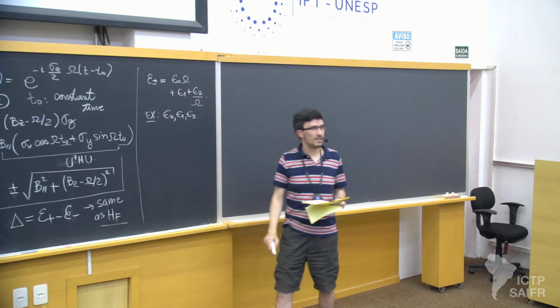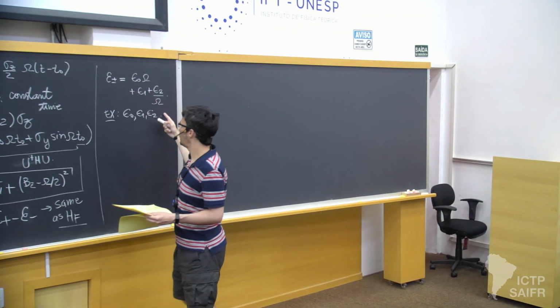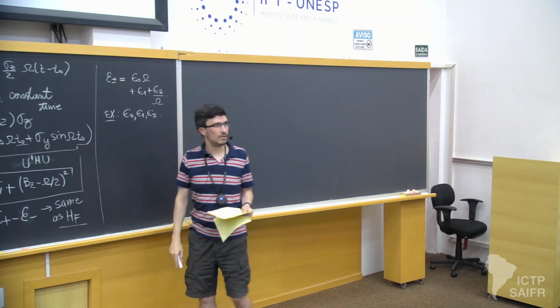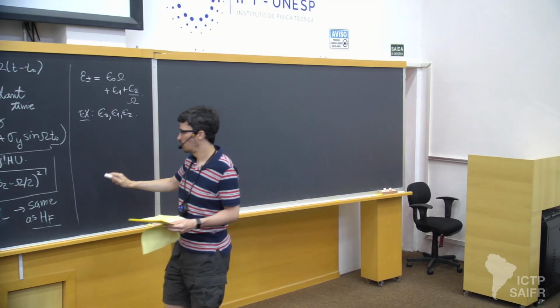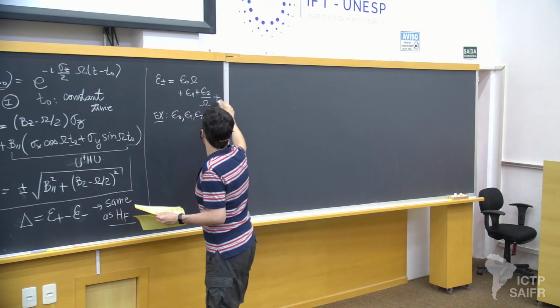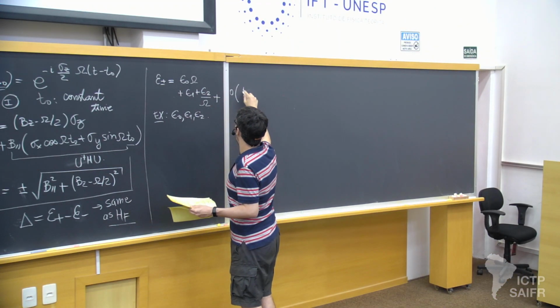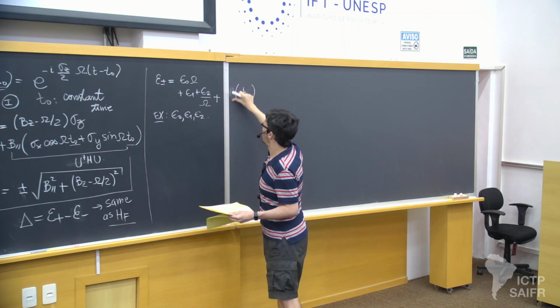It's just Taylor expanding the square root, because then we can compare the numbers that you get here with the numbers that we're going to get by doing perturbation theory. So these two things have to be the same. It's just expanding the square root in powers of 1 by omega. Okay, so this is the error.